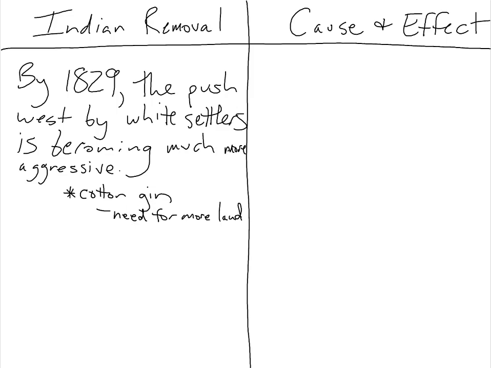So a lot of southern plantation owners remember that the Cherokee Nation that we were discussing was removed from the state of Georgia, where cotton would be very profitable. So the invention of the cotton gin led to a need for more land, and therefore, in the white settlers' view, a need for Indian removal.